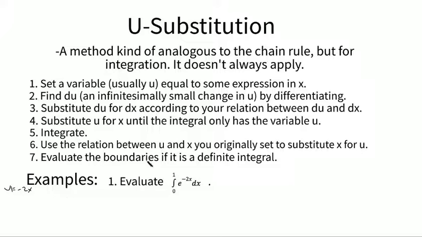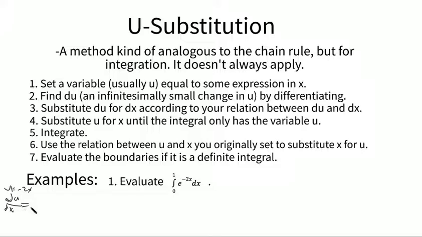Now we have to find du by differentiating. If we differentiate both sides of this equation, we get du over dx equals negative 2, the derivative with respect to x of negative 2x, because it's x to the first.